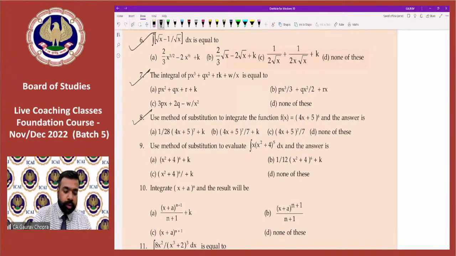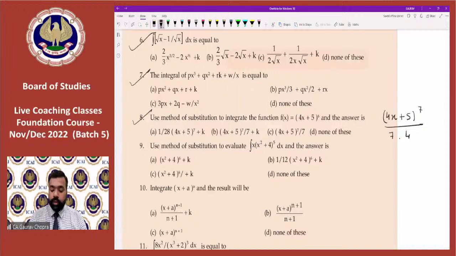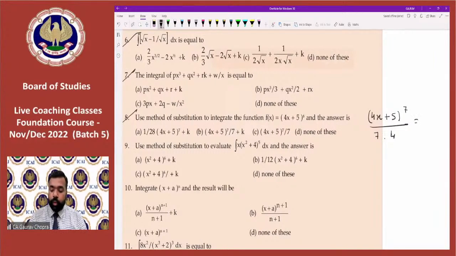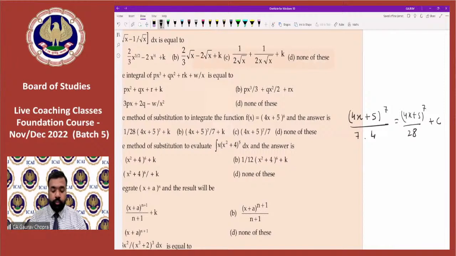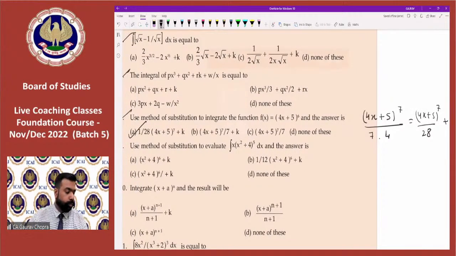So the first step was to write 4x plus 5 as it is, with increased power, divided by 7, and also divide by differentiation, which is 4. So it becomes 1 upon 28, or 4x plus 5 to the power of 7 upon 28. So this option is available with A. Option number A.